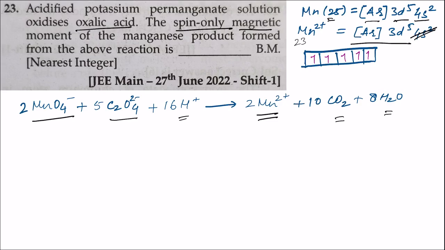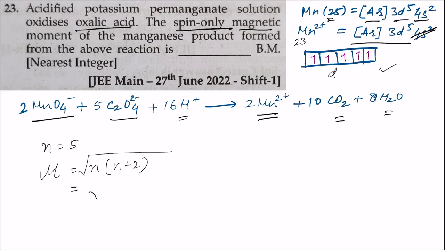Now from the electronic configuration, it can be seen that the 3d orbital has 5 electrons. There are 5 electrons in the 3d orbital, means d orbital is half filled. So there are 5 unpaired electrons in the d orbital. So number of unpaired electrons is 5, and the spin only magnetic moment is equal to square root of n into n plus 2, where n is number of unpaired electrons.